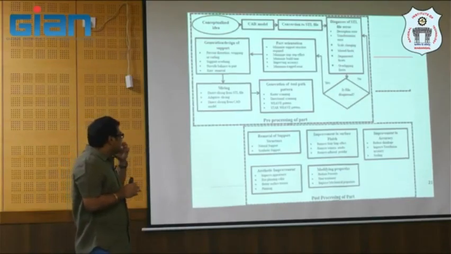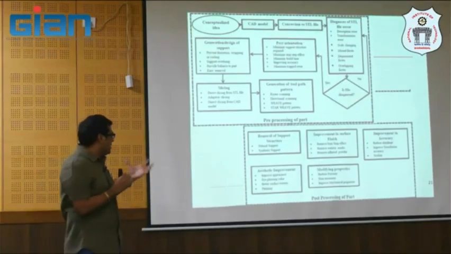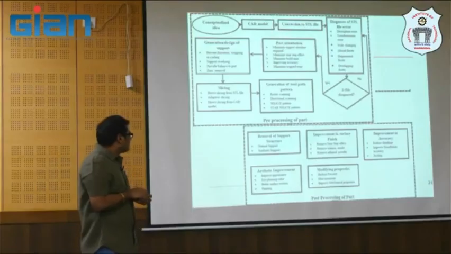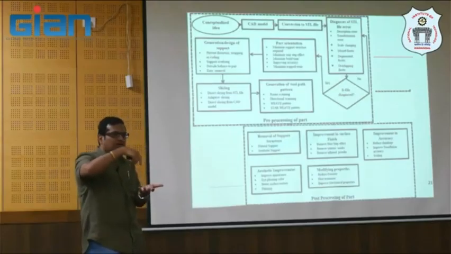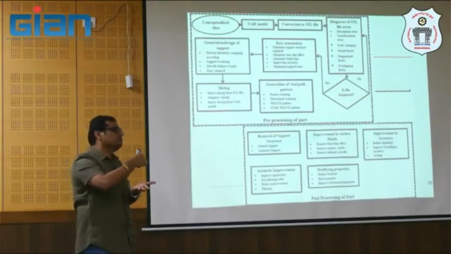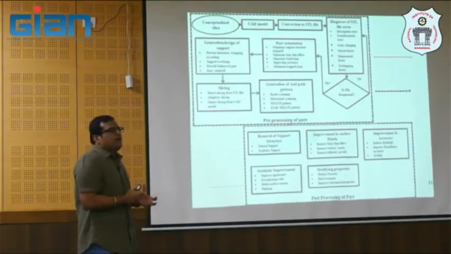And slicing, as we discussed, may be direct slicing, uniform slicing, adaptive slicing, and so on. Then generation of the tool paths, again, like how your laser or your extrusion nozzle, your extruder, moves: raster scanning, directional scanning, and you have different patterns.